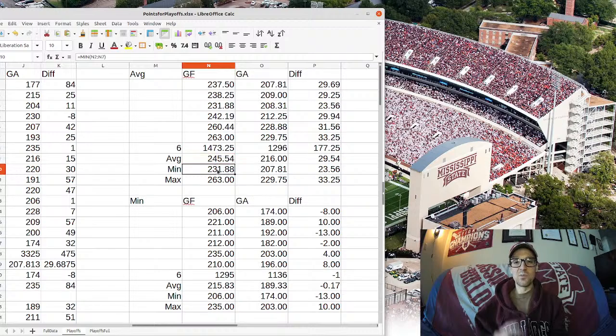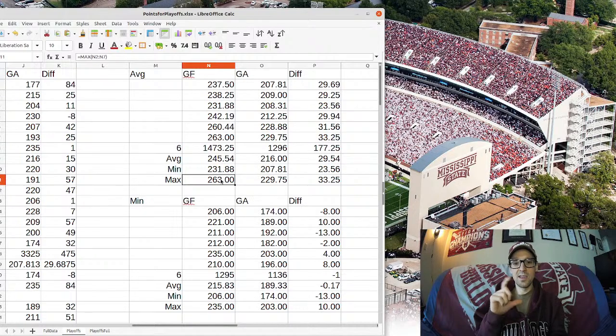This gives us more of a tight range to look at of expectations. Average was 245 goals for, minimum 231, max 263.